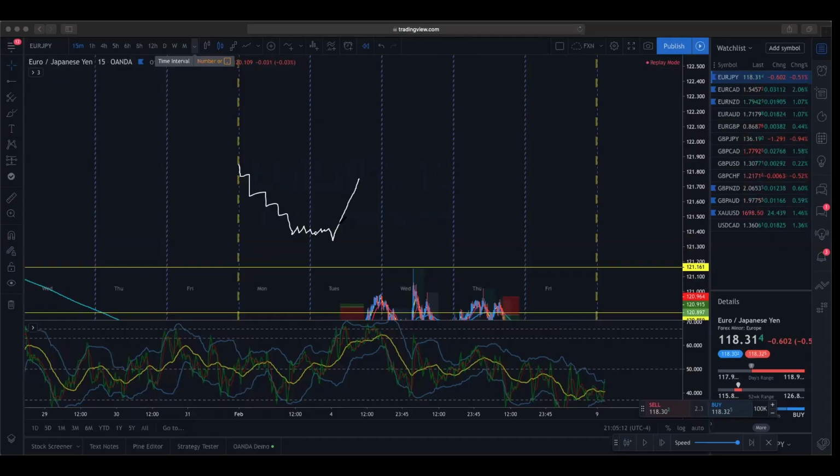Very important, Tuesday has to go up the entire day. It cannot reverse during the New York session and come back down. It can come down like this, but it has to continue to go up during the New York session. It can't stop. So a full day of one straight rise.